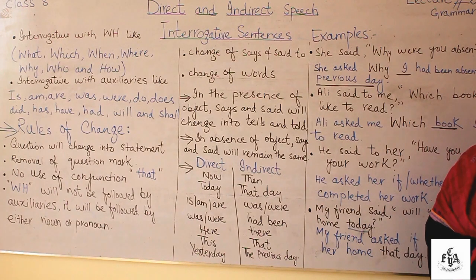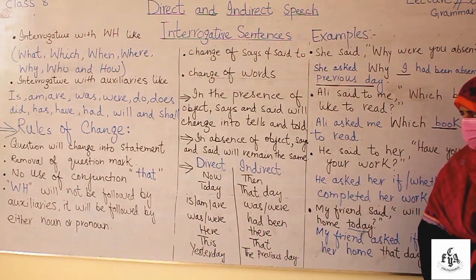There are many exceptional cases. Maybe sometimes we have to follow WH by an auxiliary. We cannot use always here. But it is important to keep in mind that in ordinary form, whenever you are using WH, it will be followed by either a noun or a pronoun and not by auxiliaries.